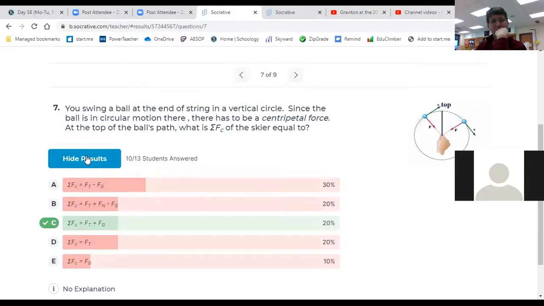Okay. This is weird because this actually looks a little bit different than the other case.